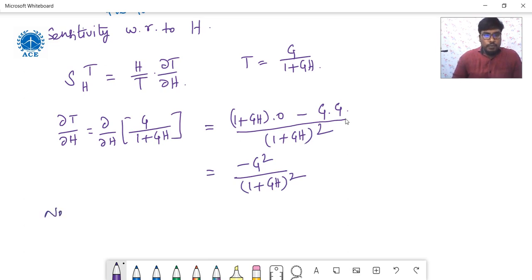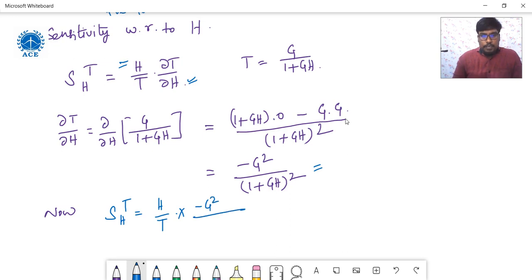Now take the sensitivity of the overall gain with respect to feedback H. Therefore this is H by T as the formula, right? This one I am taking here into this function. We already got this one, that is into minus G square divided by 1 plus GH whole square.